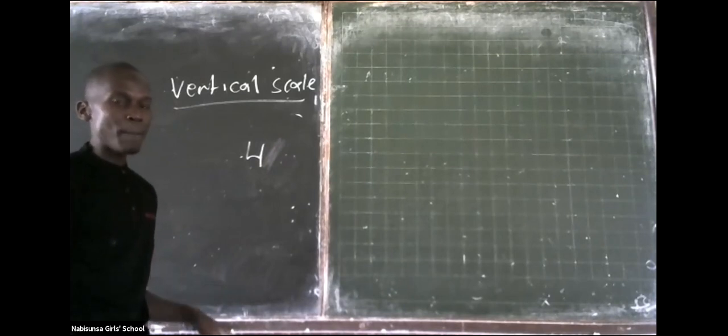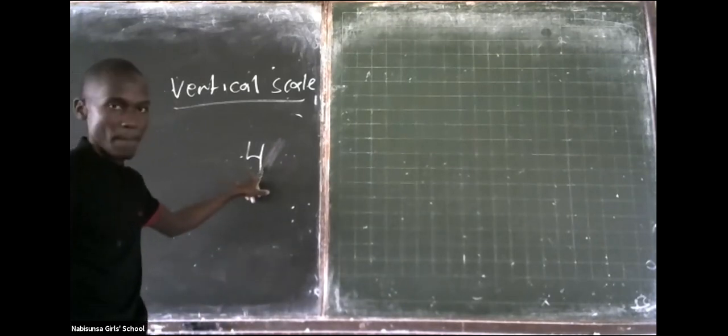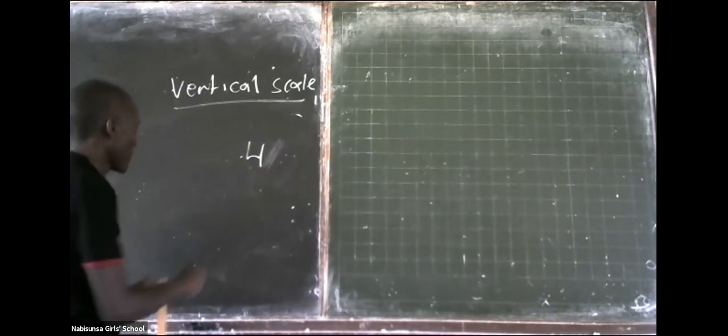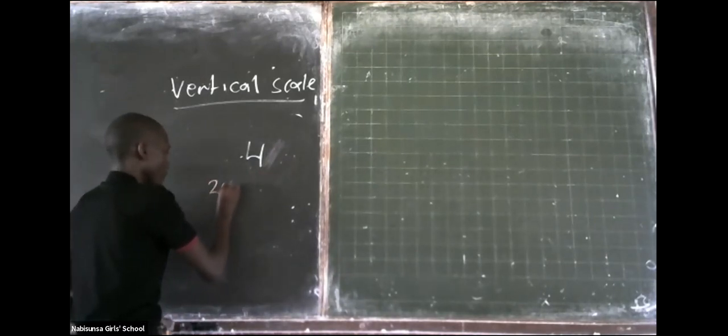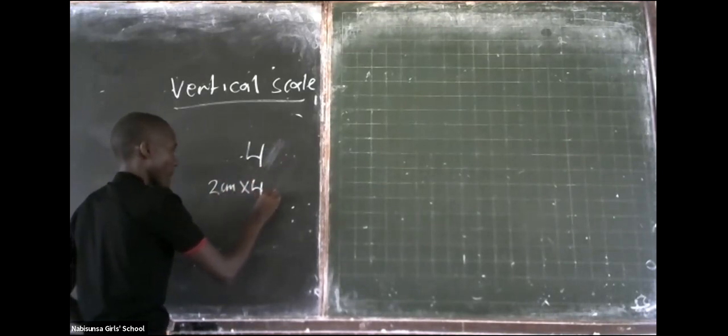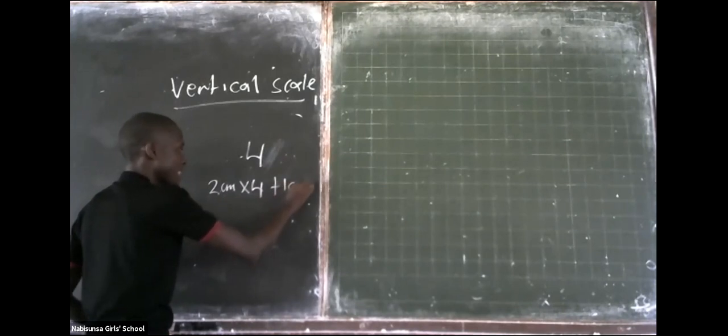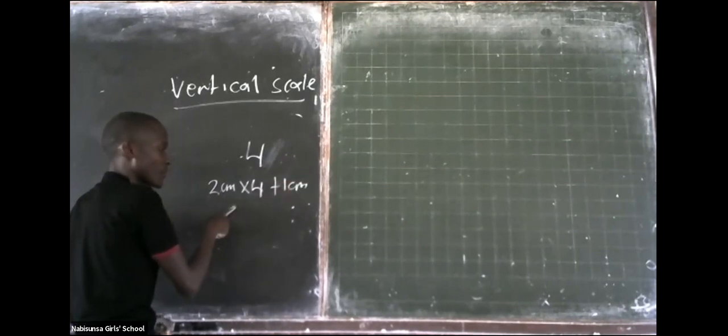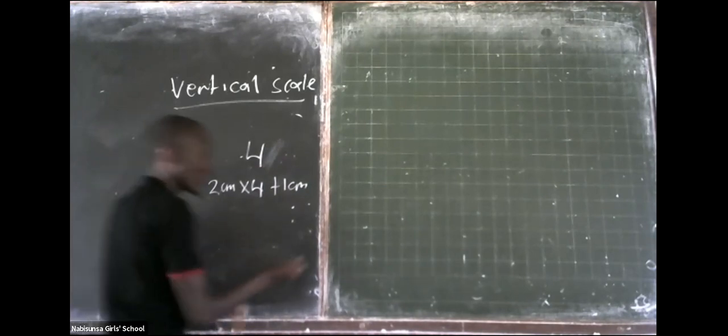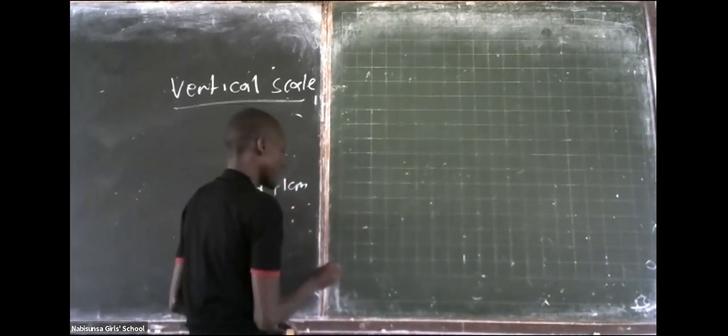So when I'm drawing a bar graph, what did we say? You put 2 centimeters times the number of items, plus 1. 4 plus 1. How many centimeters am I going to use? 9 centimeters. So for the bar graph, this is how I'm going to do.